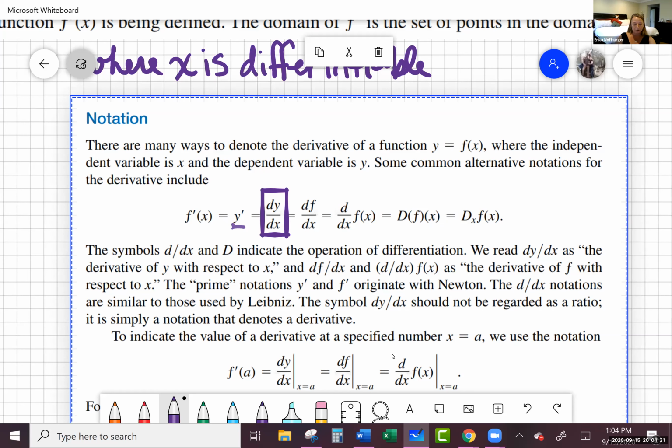Just be careful, because when we say d over dx or that capital D, we're talking about an operation on a function, and we're not saying that it is a fraction.